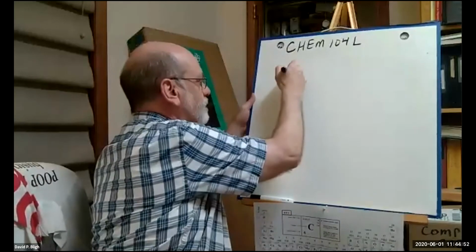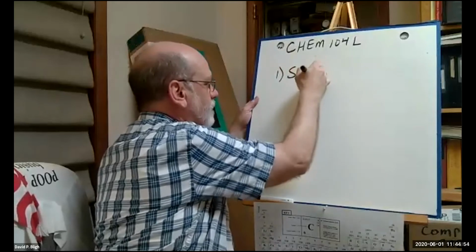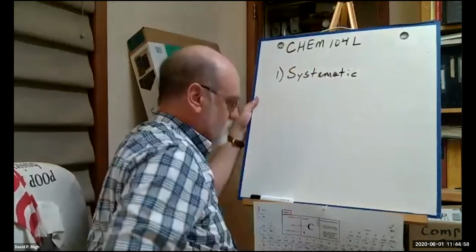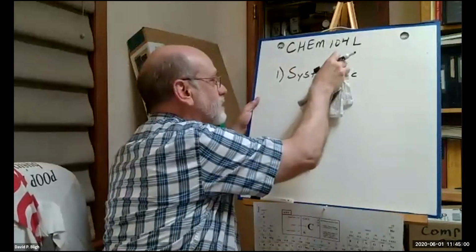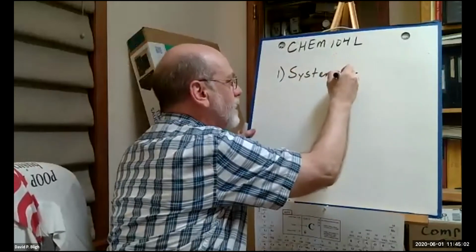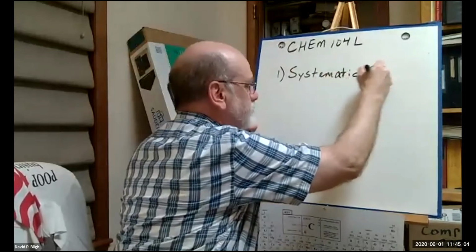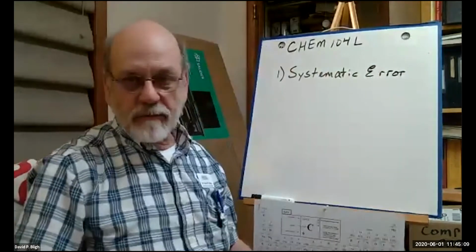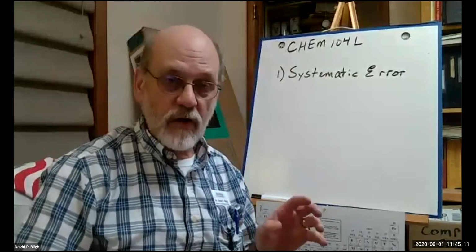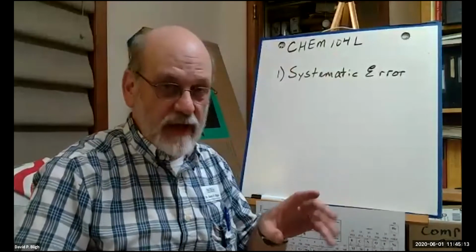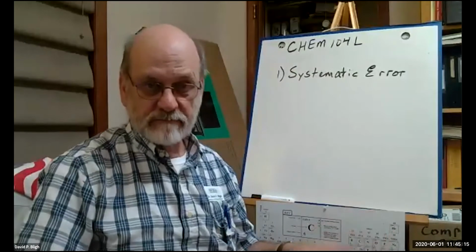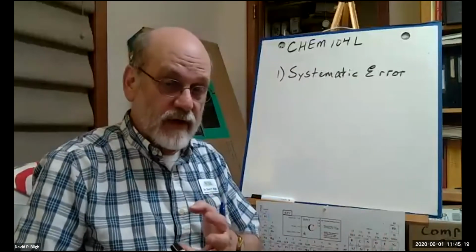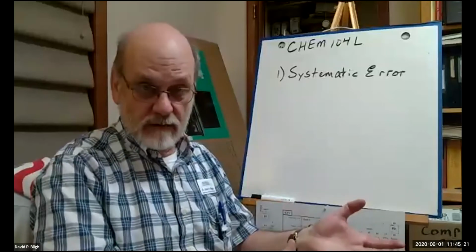One is systematic error. Systematic error is the type of error that occurs exactly the same way every time. So if we know what the systematic error is, we can correct for it.